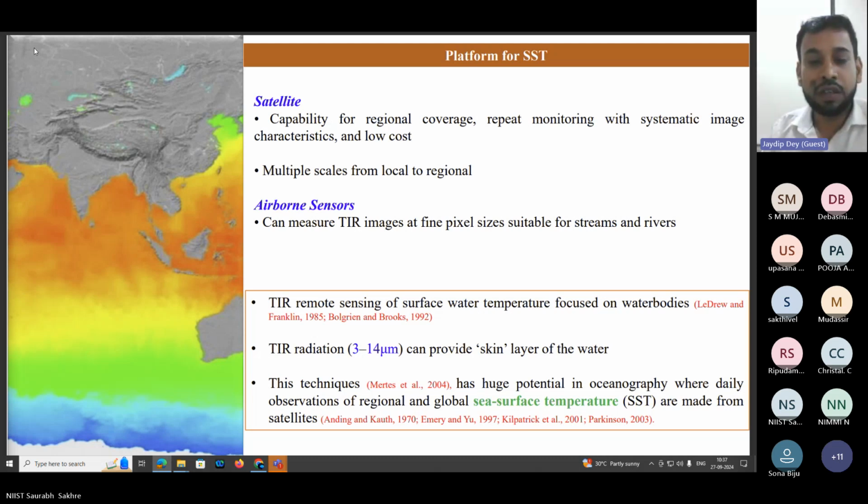Here we can capture the thermal response of the surface water body. This is just a representation of sea surface temperature over the Indian Ocean. You can see that close to the continent, the temperature is very high, and it decreases as the distance from the continent increases.